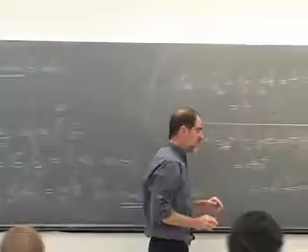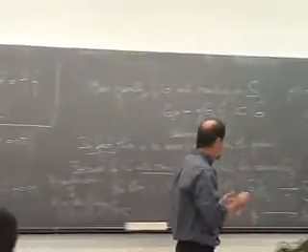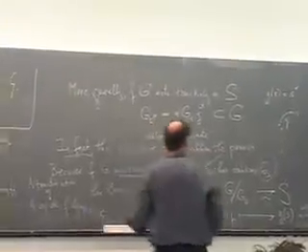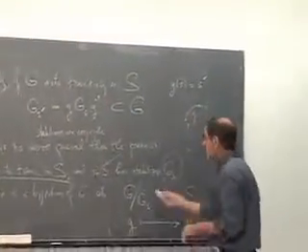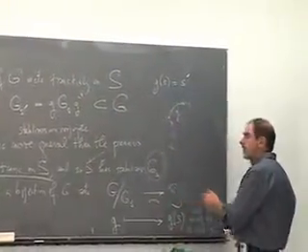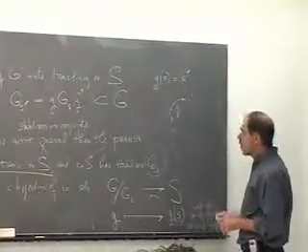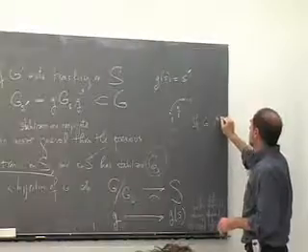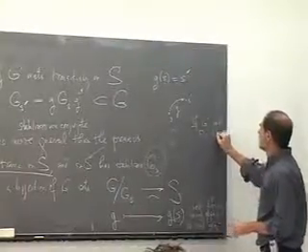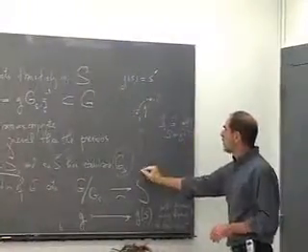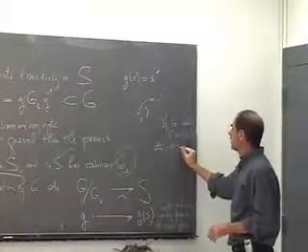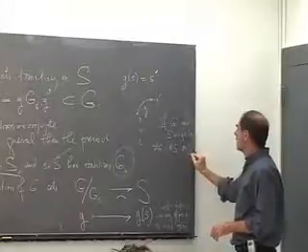Now, so far we haven't had too many interesting actions, but we're going to get a ton of interesting actions coming up. If, by the way, G is a finite group and S is a finite set, then we can conclude from this that the order of G is the order of S times the order of the stabilizer group.